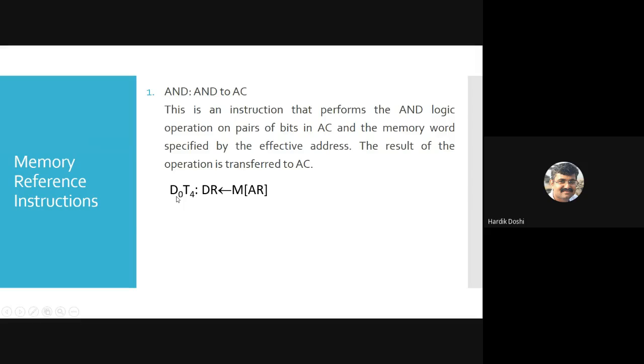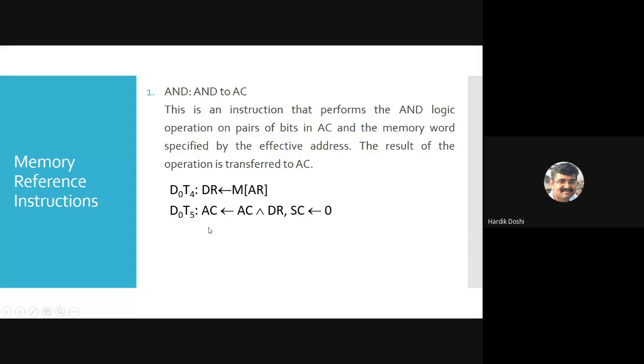So at time D0 and T4, D0 should be 1 and T4 should be 1, then at that time the memory content is transferred to the data register first. Then at time D0, T5, D0 should be 1 and T5 should be 1.